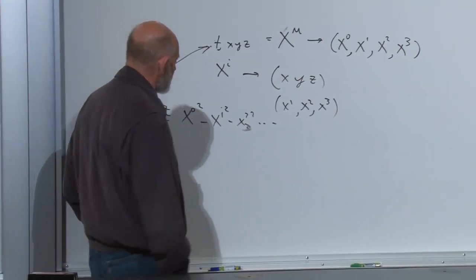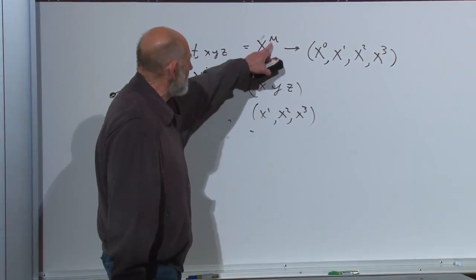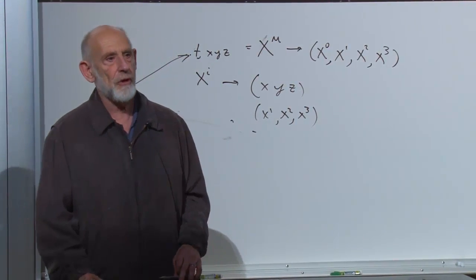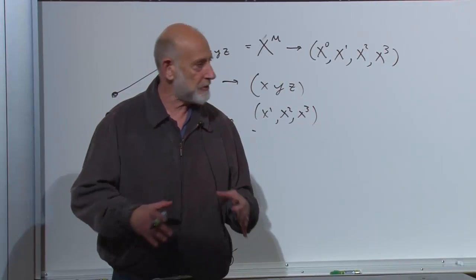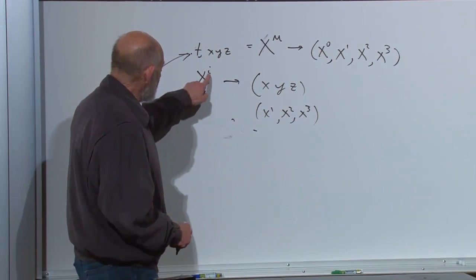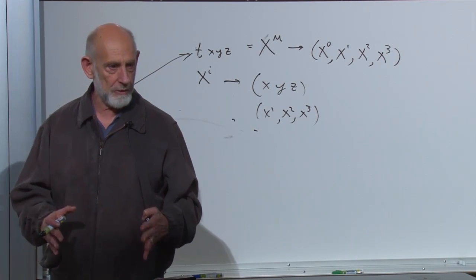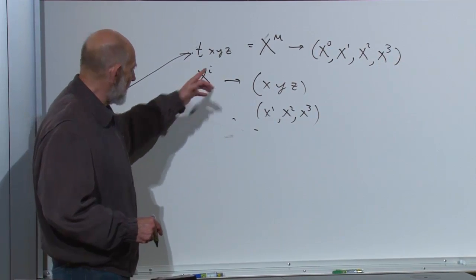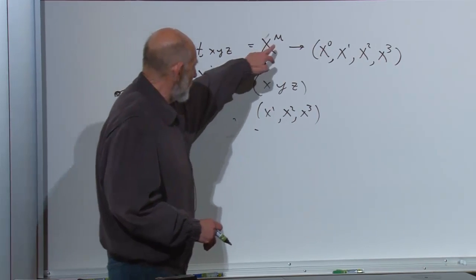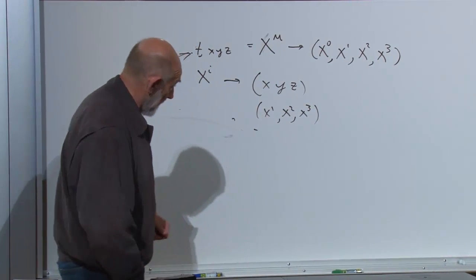So that's just notation. Whenever you see a mu, that means the index runs over the four possibilities of space and time. Whenever you see an i, that means the index runs over only space. Okay? i stands for space, and mu stands for space and time.